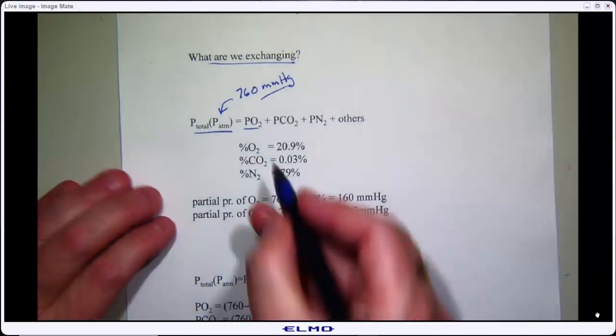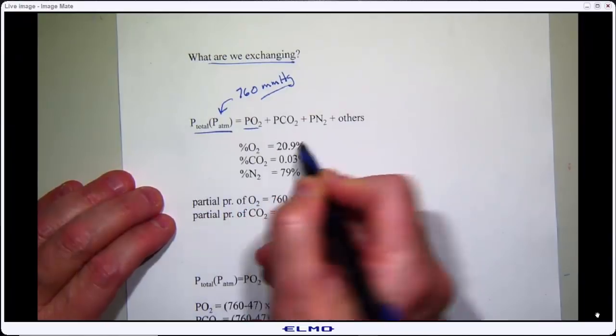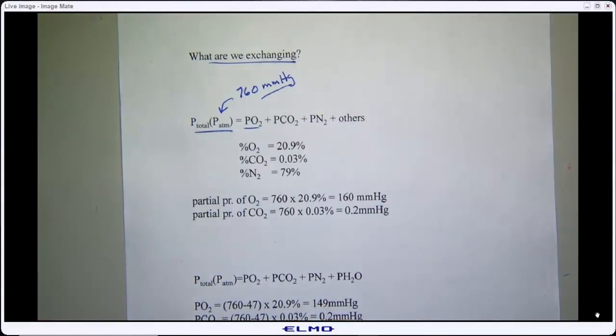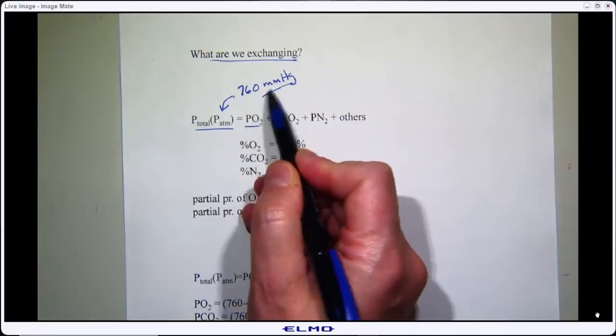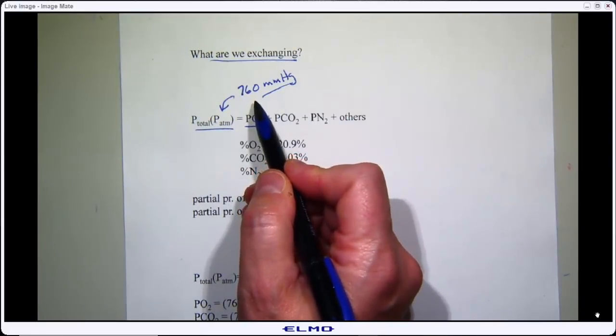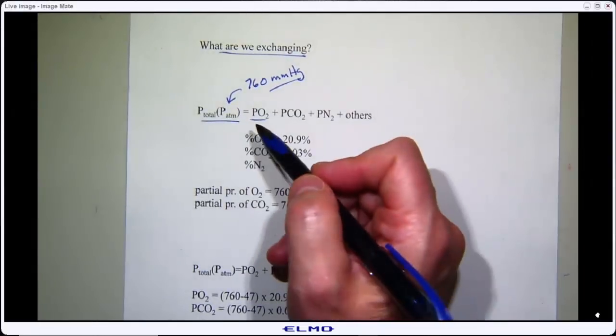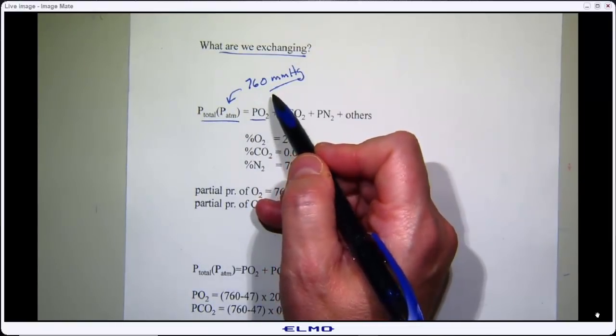In terms of the percentage of oxygen in the air, it's 20.9%, so 21% oxygen in the air right now. So 21% of that 760 is oxygen.